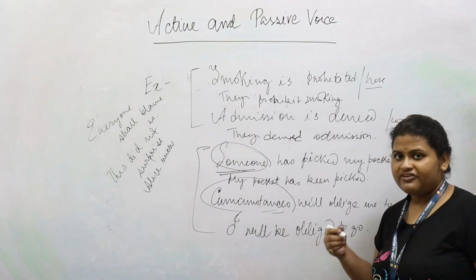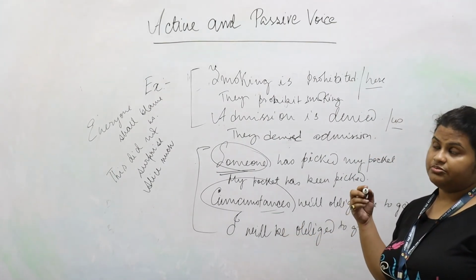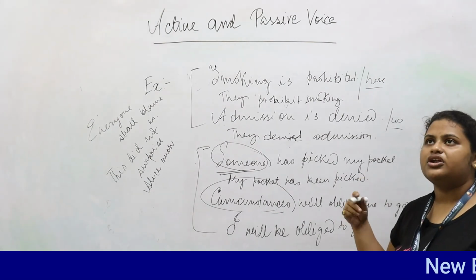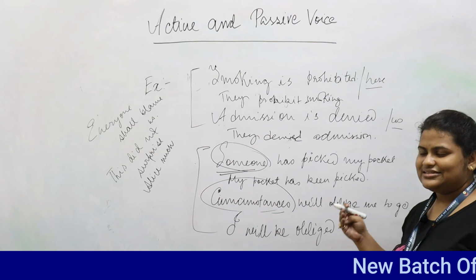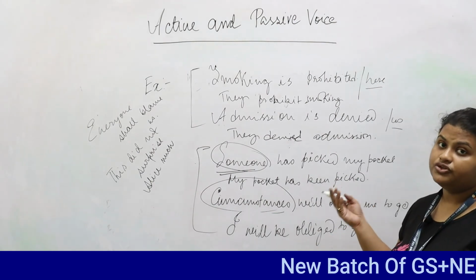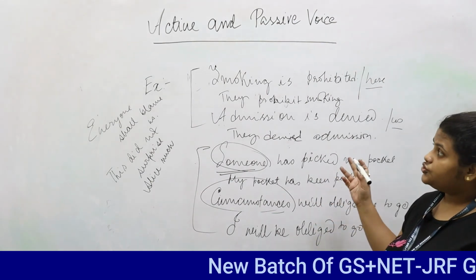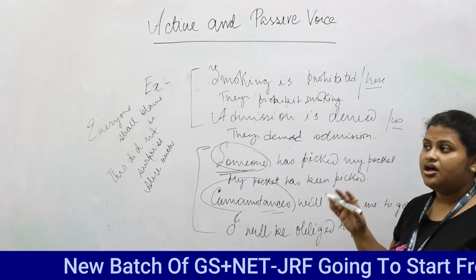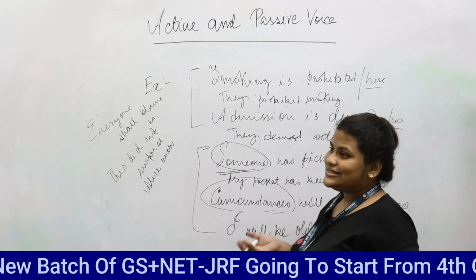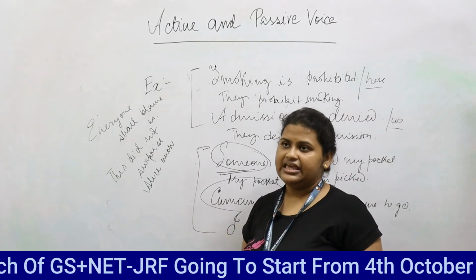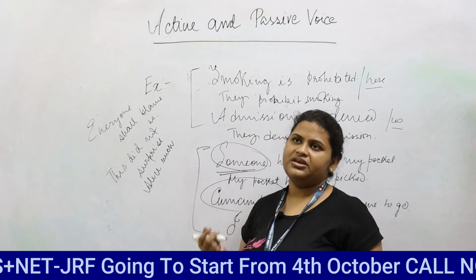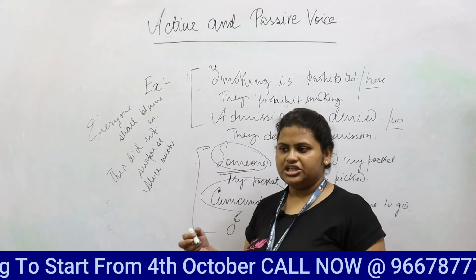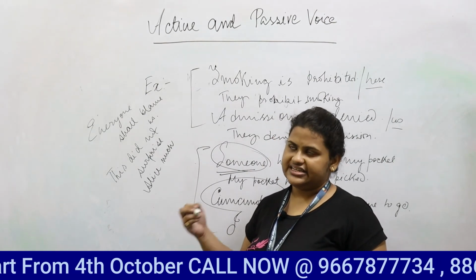In the transformation of active and passive voices, we should also keep a keen eye on the change in the forms of the verb according to the simple past, simple present or even the future tenses. For example, I had given you certain standard protocols: when there is is in the sentence, it is taken up as being, and when we are dealing with perfect tenses, it would be either have been, has been or had been, and we include the word been for the perfect tenses.